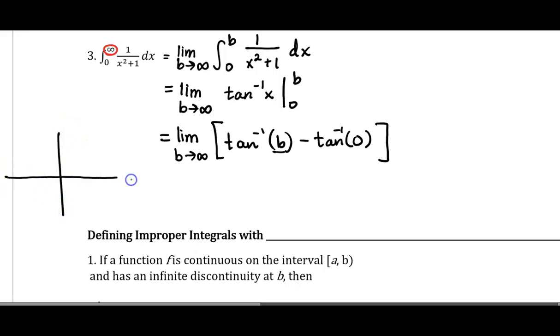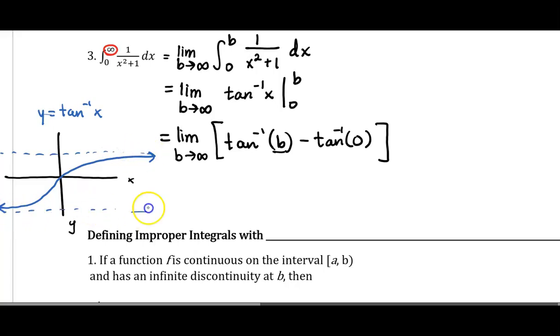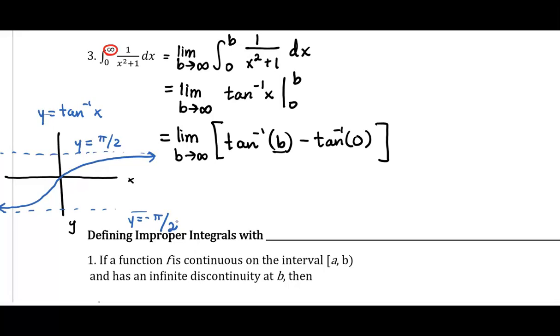If you remember what the graph of tangent inverse looks like, the graph of tan inverse has a domain of all real numbers. It goes off to the right forever and off to the left forever, but it does stay bounded between those two horizontal lines. It never gets higher than pi over 2, and it never gets lower than negative pi over 2. That goes back to 172 and inverse trig, and what did we restrict the domain of tangent to be?